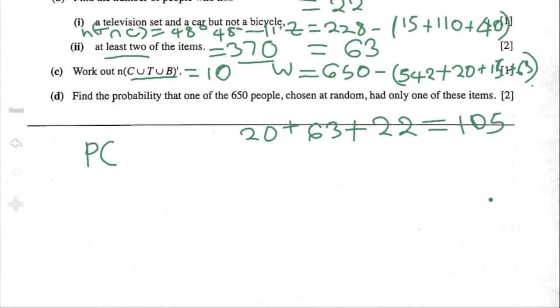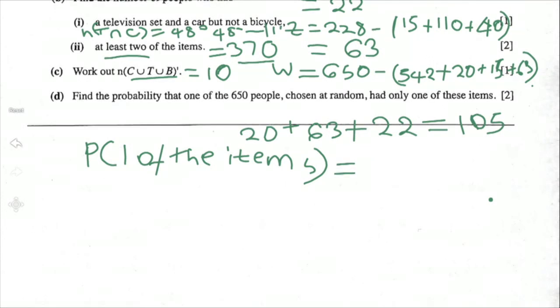So the probability of having one of the items is equal to 105 over the total number of people, 650 there.